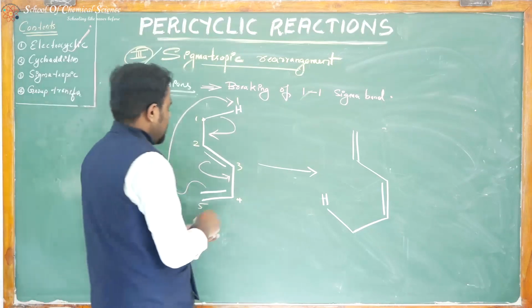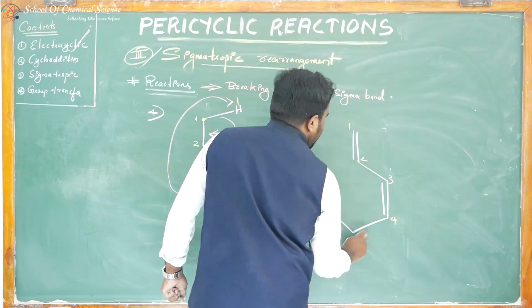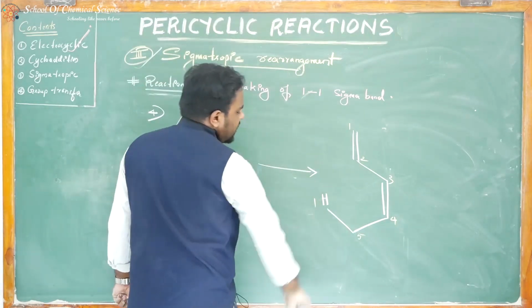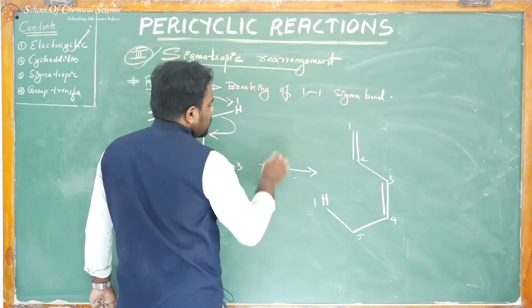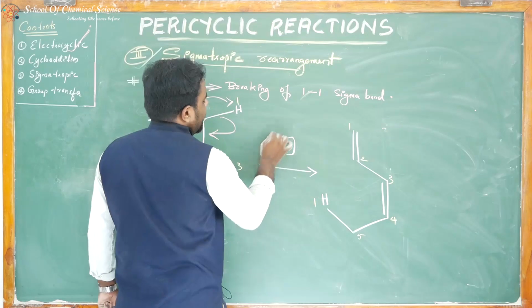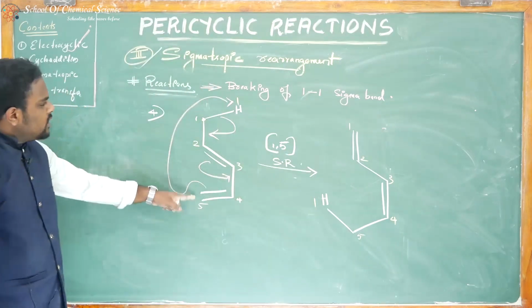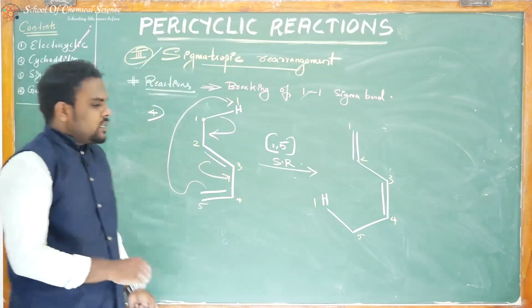Give a number. This is 1, 2, 3, 4, 5. New sigma bond between 5 and 1. So the 1-1 bond breaks, a 1-5 bond is formed. So what is the type of sigmatropic rearrangement? 1-5 sigmatropic rearrangement, because the new sigma bond is formed between 5 and 1.